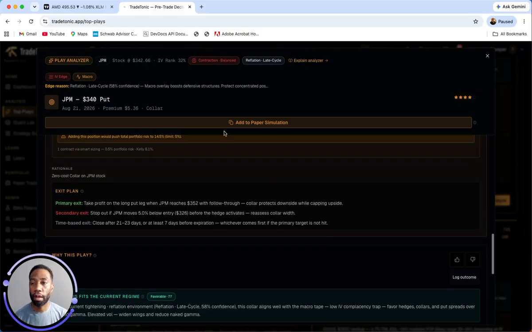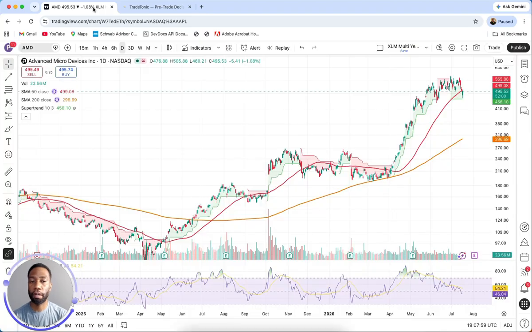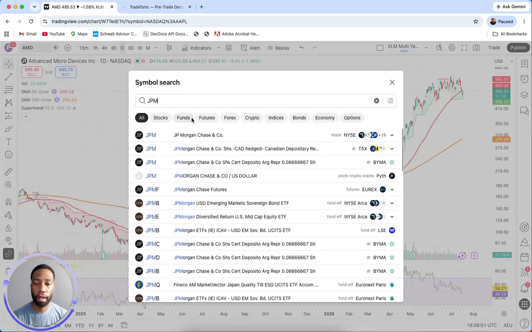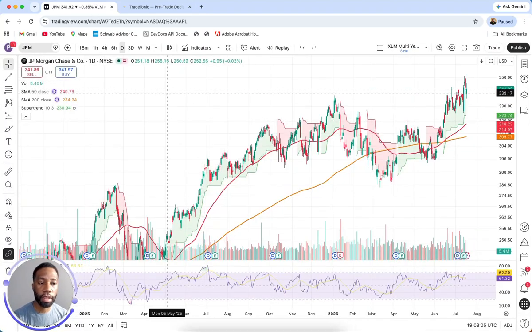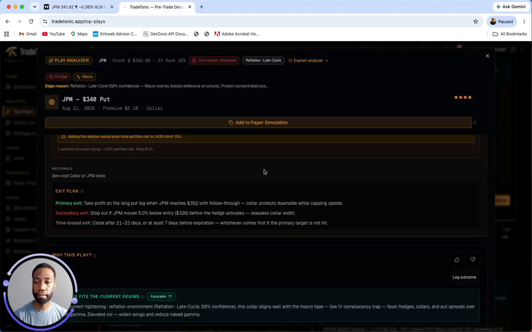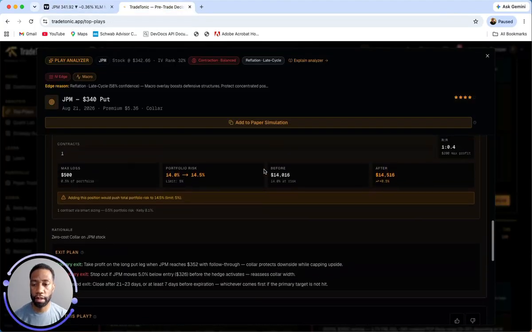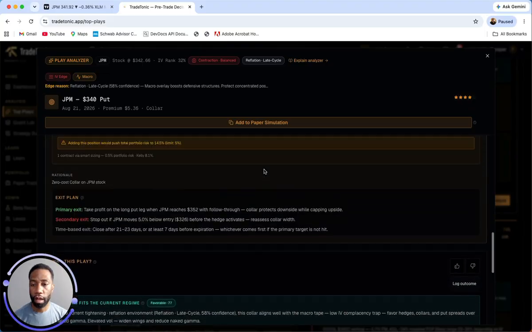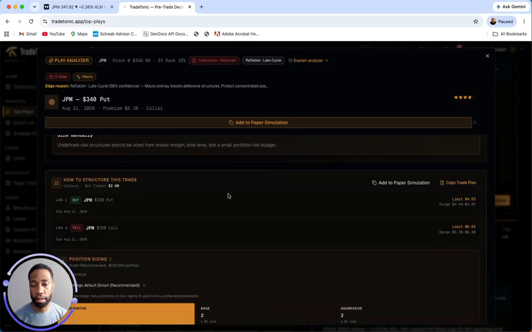Okay, so if we go to our charts here, let's see where JP Morgan is trading right now. All right, we see JP Morgan is at 341. And in this particular position, it's a net credit, right? So we're selling the highest strike and we're buying the lower strike, right?